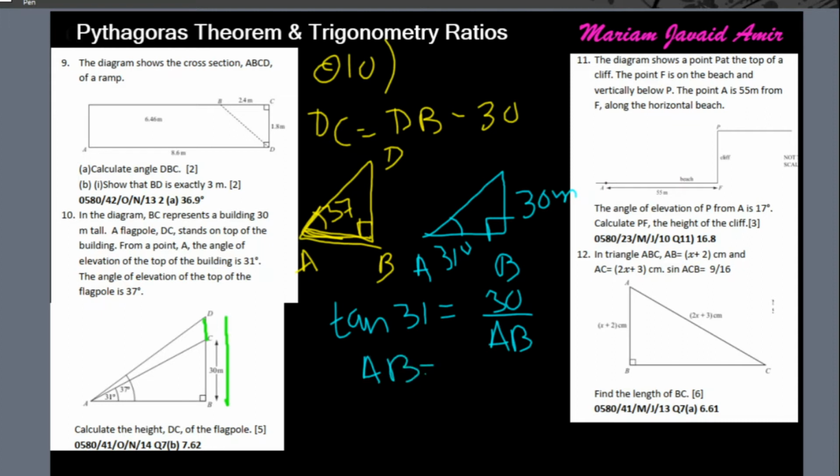So AB can be found by dividing 30 by tan 31. 30 over tan 31, which gives 49.9. So AB equals 49.9283. This is the length AB.